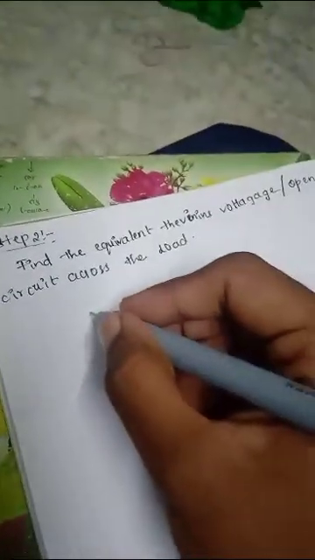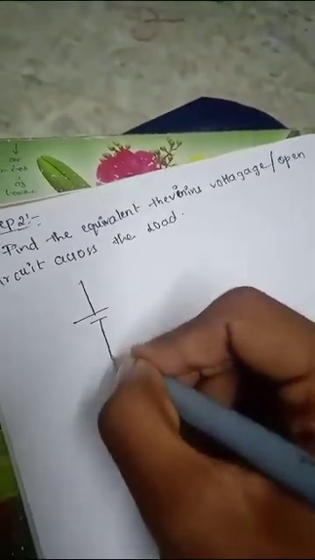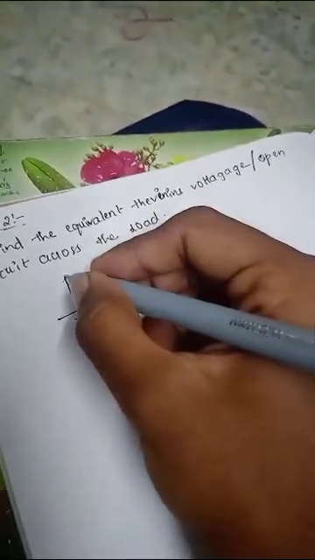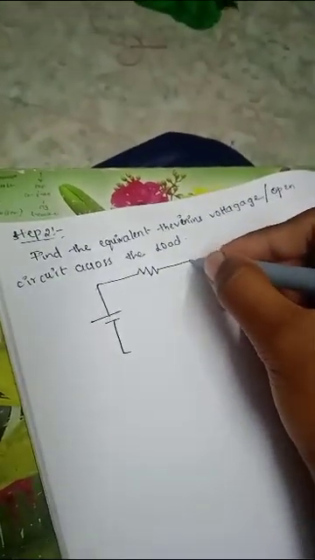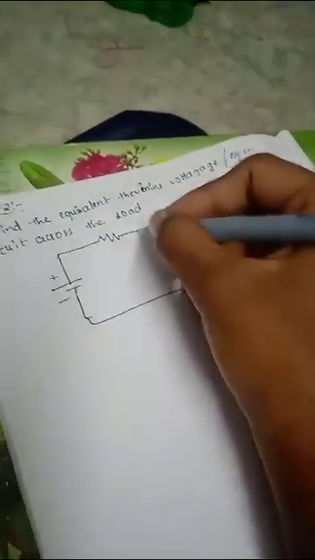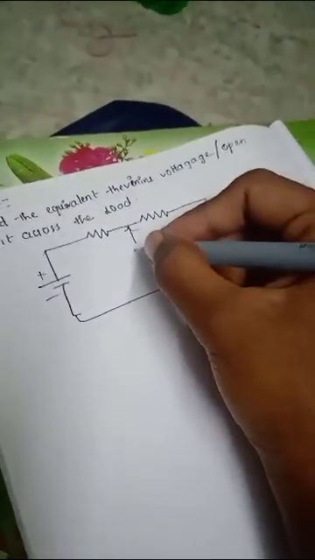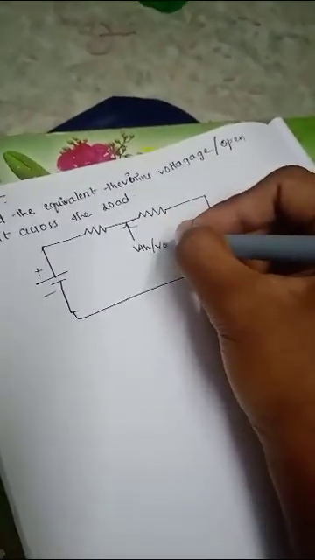In the first step we have removed RL. There we have to find the VTH, right? In the place of RL we have to write VTH or VOC.